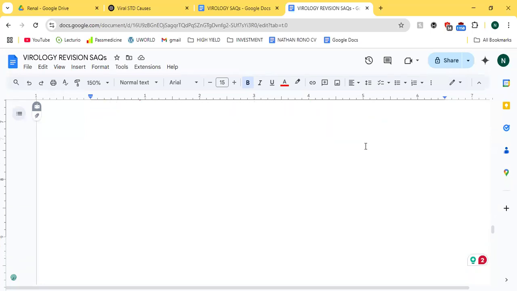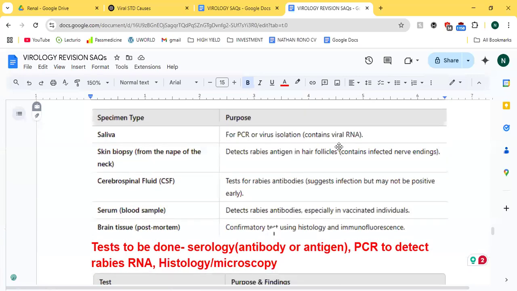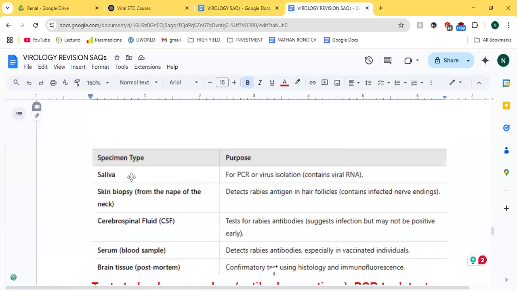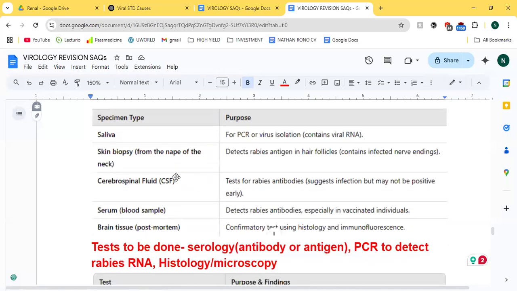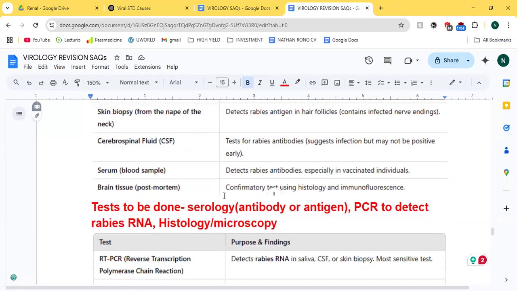So I attached some reasons here why we do that. For saliva, for PCR or virus isolation. A skin biopsy we take from the nape of the neck, which detects rabies antigen in hair follicles. CSF for the rabies antibodies. Blood is basically for antibodies. Then tissue postmortem to confirm something we call Negri bodies, usually found during histology.